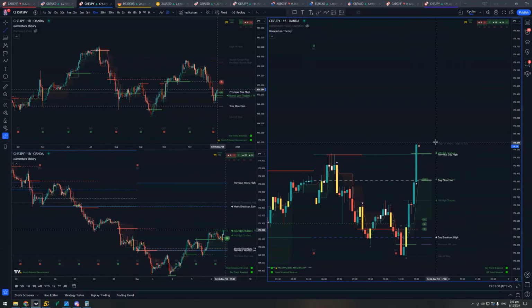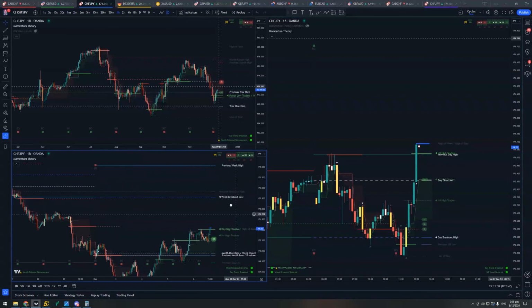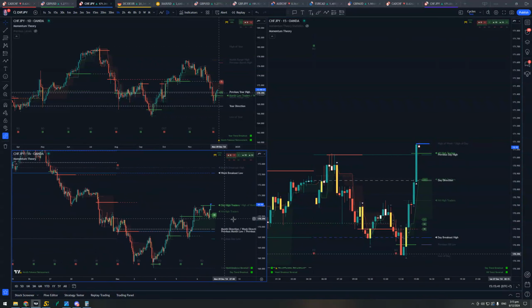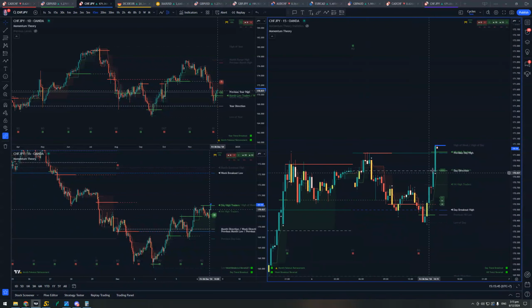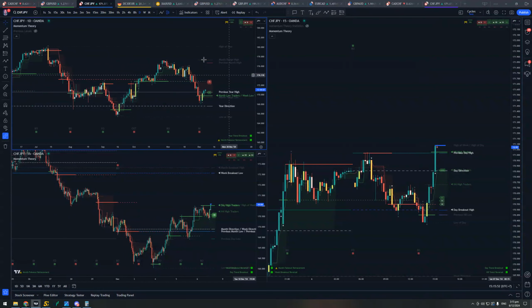I'm basically looking for a closure above here, and I'm trading a trend reversal, or trend breakout, H8 trend reversal. We have the H8 breakout level here, and we're breaking out of the H8 high.